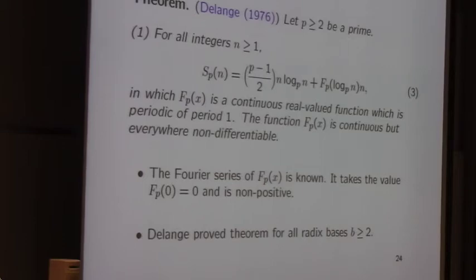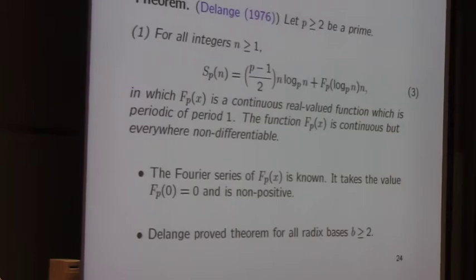And you evaluate it on a logarithmic scale. So there's an f_p of log_p of n. And f_p is strictly non-positive, and it takes the value 0 at one endpoint. And actually, this theorem is not just for prime bases; it's for all bases.